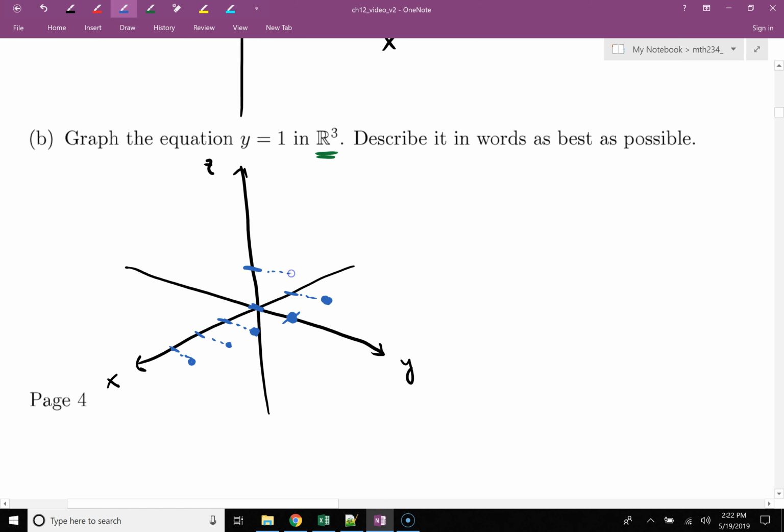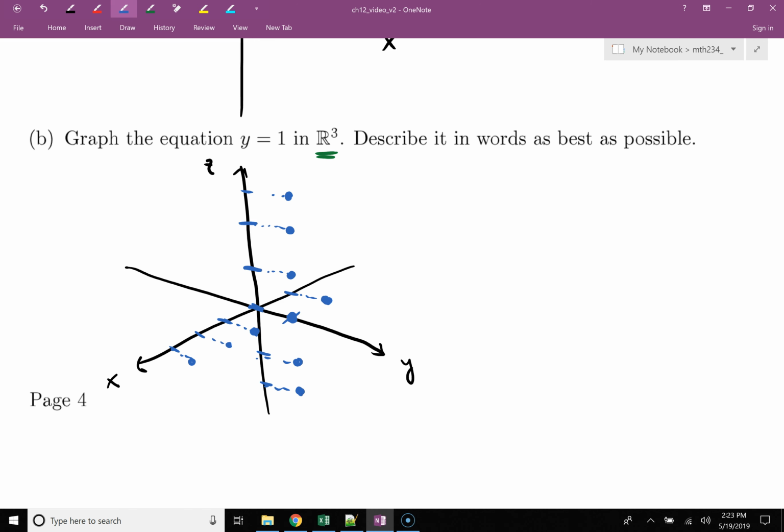again, y has to be equal to 1, so I have to go out 1 in the y direction. But z could be equal to 2, and I could go out 1 in the y direction. Or z could be equal to 3, again going out 1 in the y direction. I could also go down, something like this. And you could also do any combination of these things.